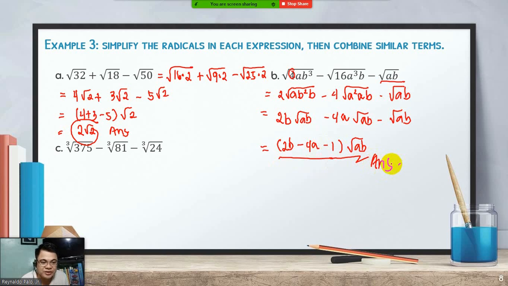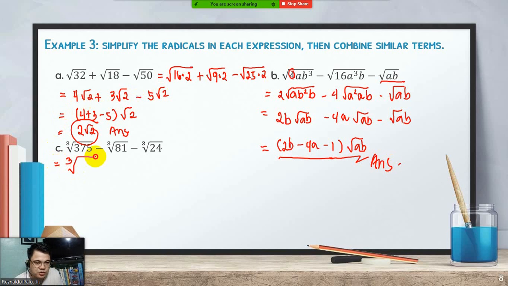Now let's have letter C. Cube root of 375 minus cube root of 81 minus cube root of 24. Let us simplify so that we can actually get the final answer, of course. But before that, we have to actually factor the radicands, so that we can get one perfect cube for each. Okay, so let's start with the first one.